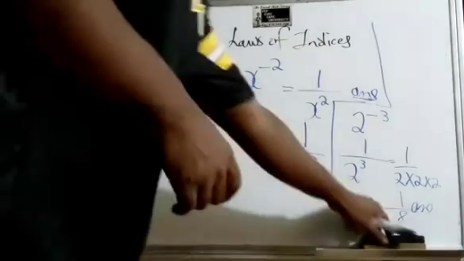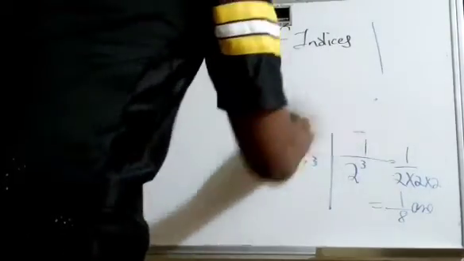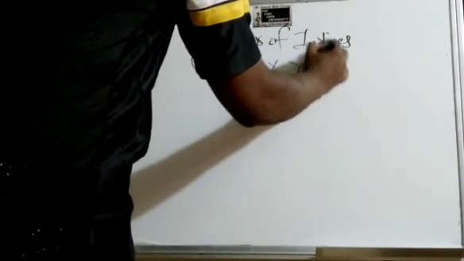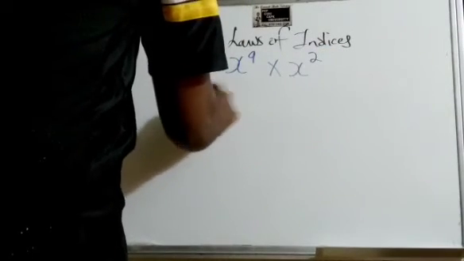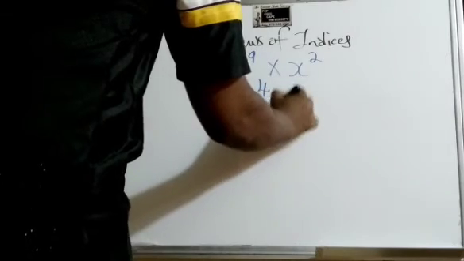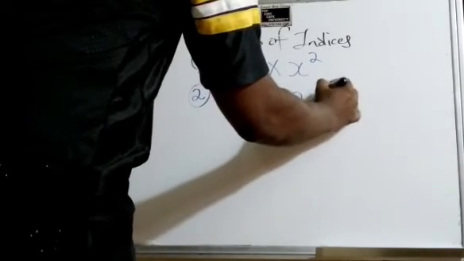Alright guys, now this will be your assignment. Question 1 says x to the 9th times x to the 2. Number 2 says 3x to the 4th times 2x to the 5th.